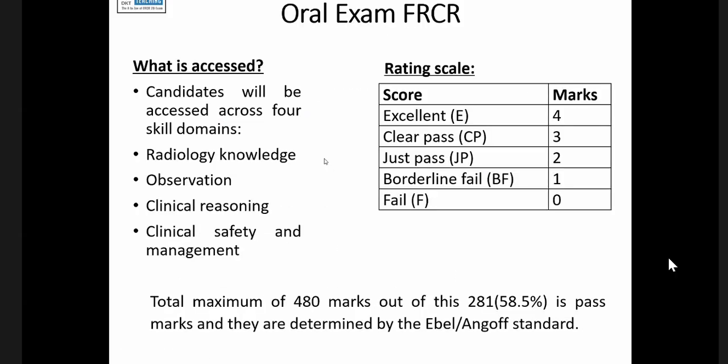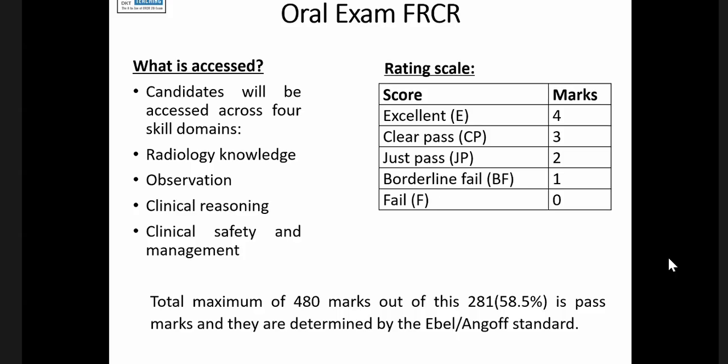If you see here, these are the four domains: radiological knowledge, observation, clinical reasoning, clinical safety and management. The marks they give, they will use this code. They will write E for excellent, CP for clear pass, JP for just passed, BF for borderline fail, and F for fail.